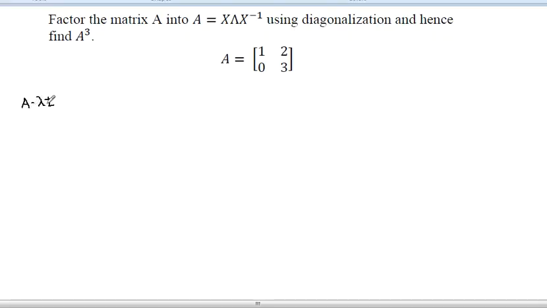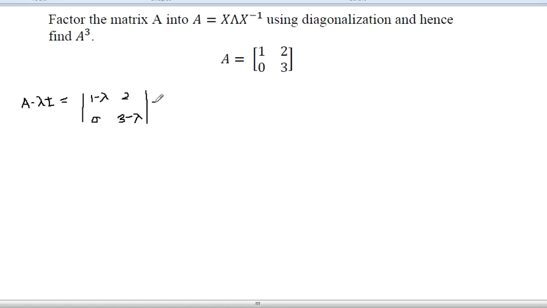So A minus λI is equal to 1 minus λ, 2, 0, 3 minus λ.